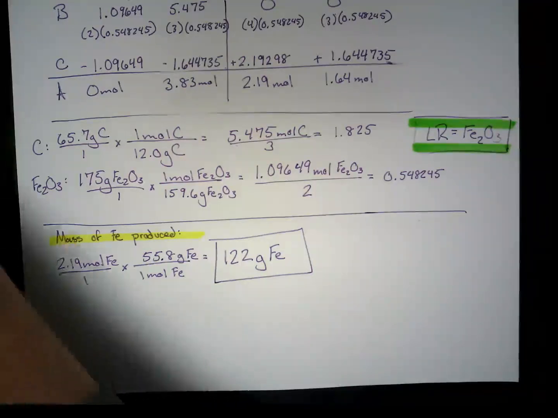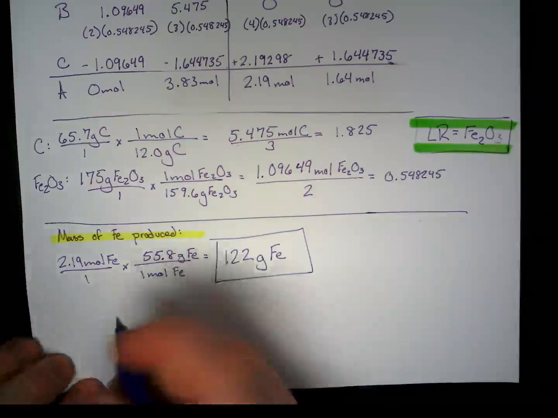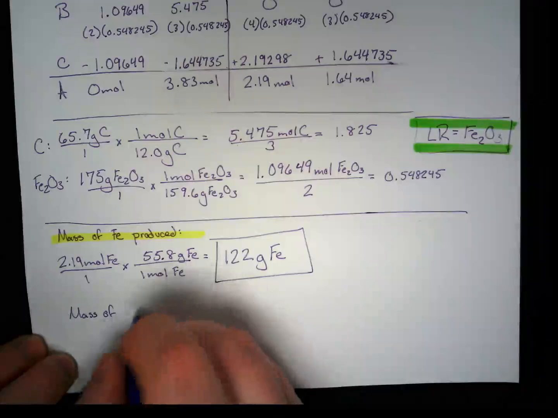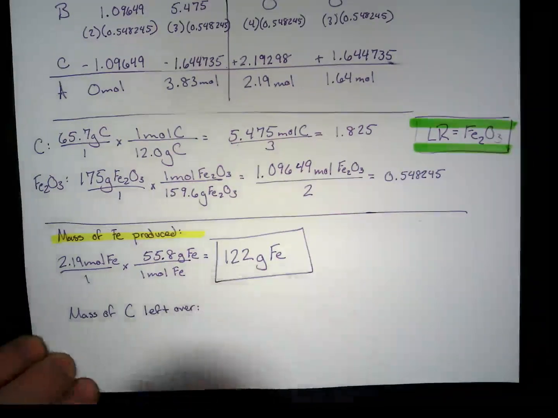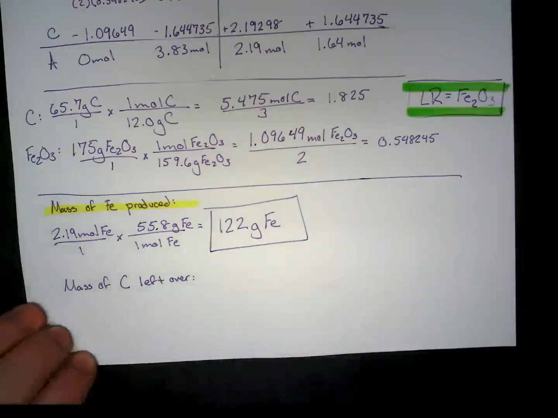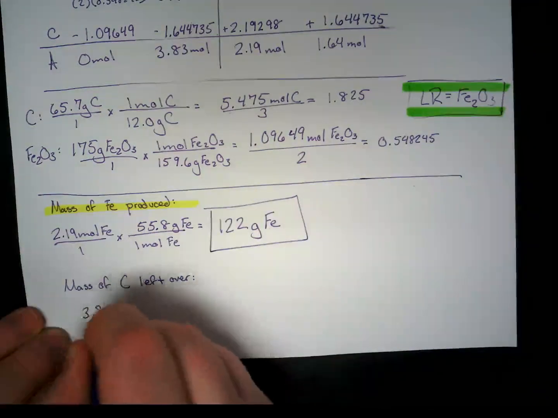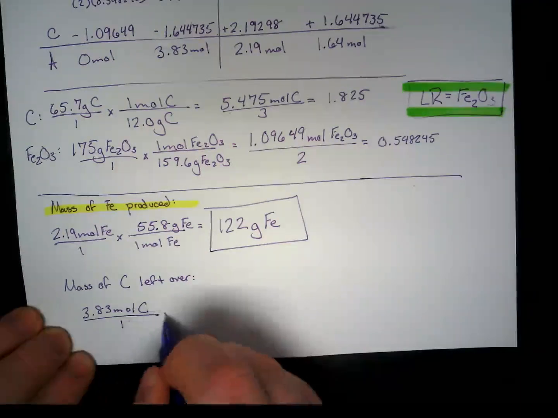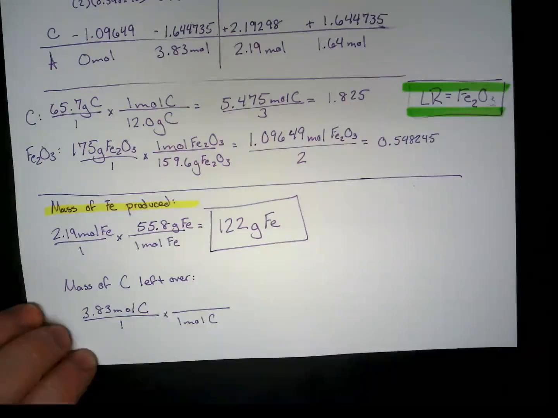And then to answer the final question here for C, what is the mass of our excess reactant? Well, our excess reactant is going to be the carbon. Looking here on our ICE chart, we expect that we'll have 3.83 moles of carbon left over. Then we just have to convert moles of carbon to grams of carbon.